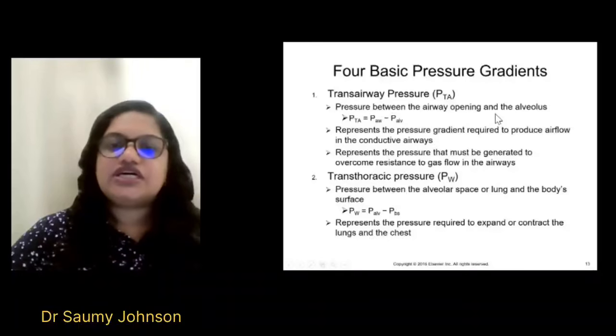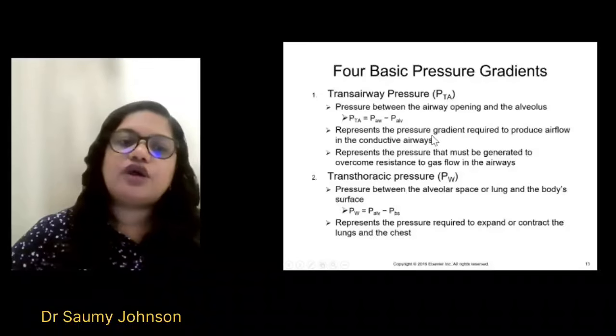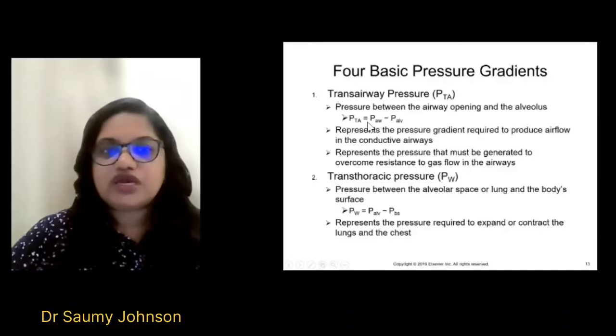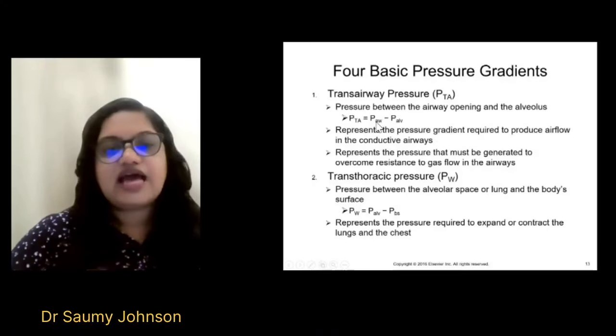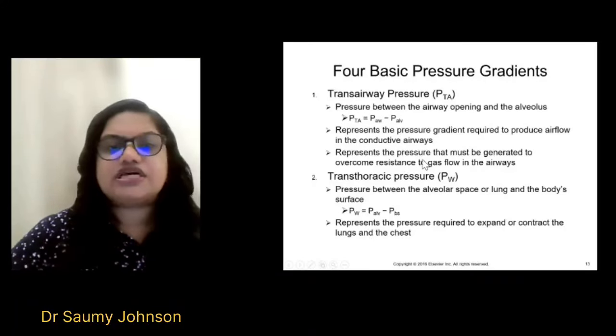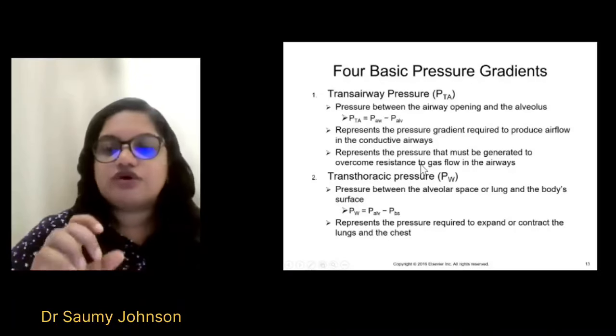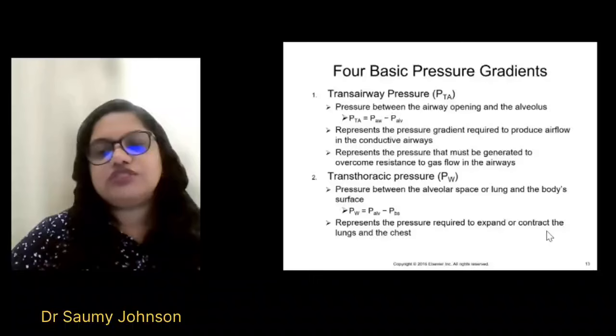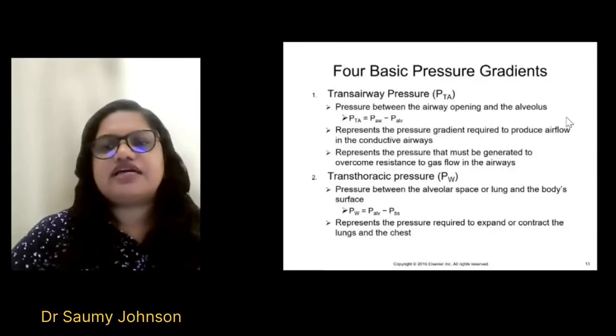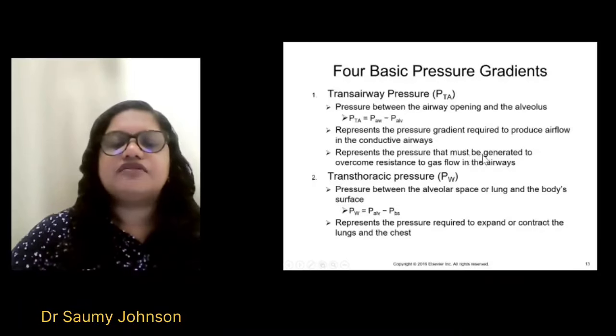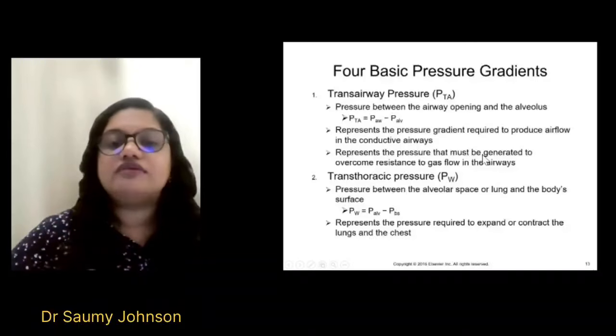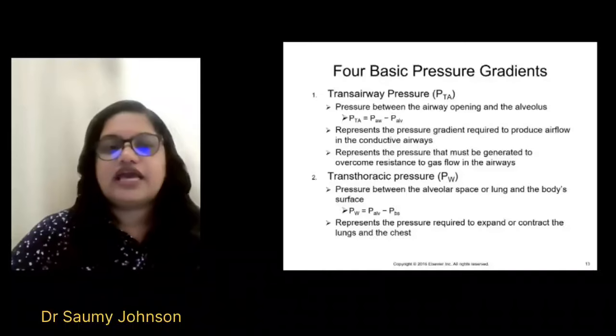It represents the pressure gradient required to produce airflow in the conductive airway, between the airway opening and the alveolus. It also represents the pressure that must be generated to overcome the resistance to gas flow in the airways. As we know, some resistance is generated in the conductive airways, and only with this pressure is that resistance overcome and gas flows inside the airways.